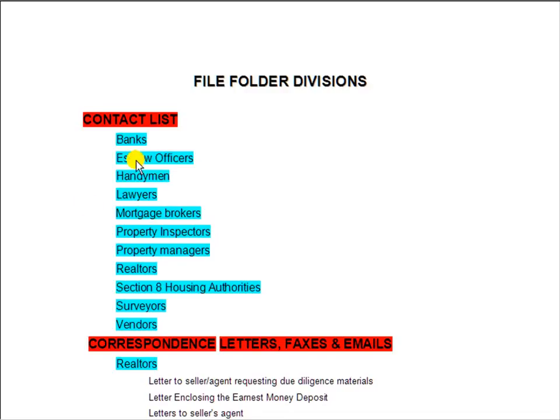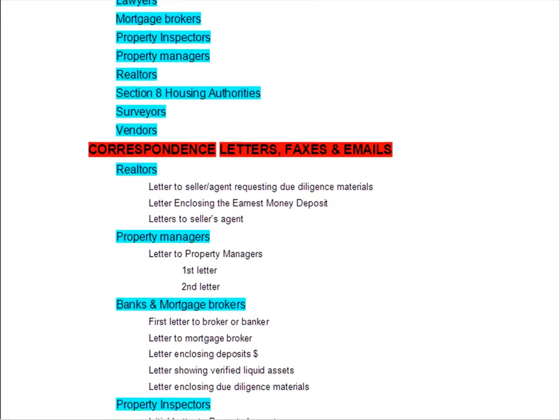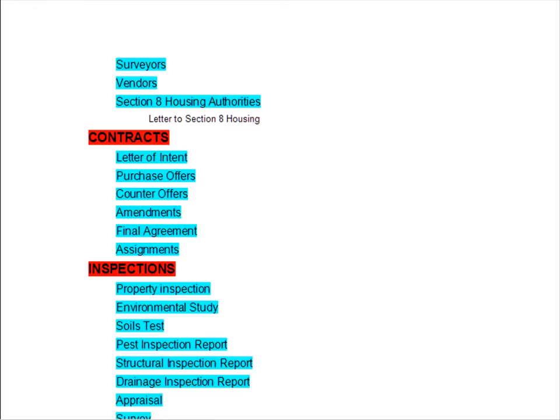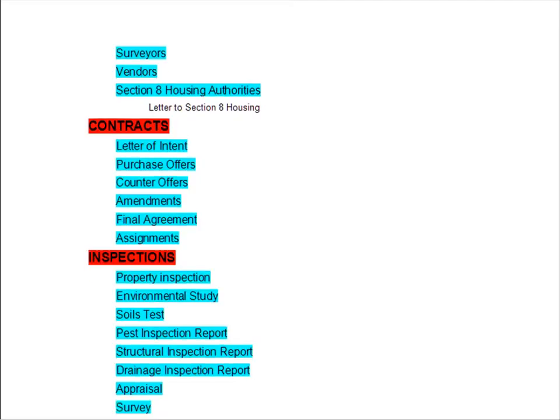Your main divisions are going to be contact list, and correspondence, which will be letters, faxes, and emails. You're going to have contracts, which may be legal documents that will be transmitted back and forth between you and the seller.